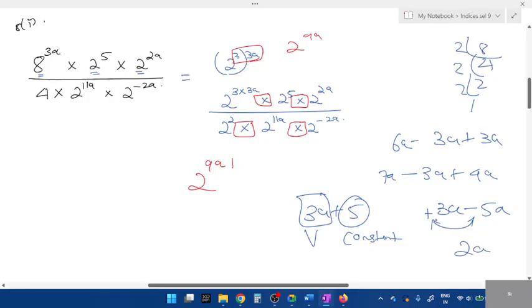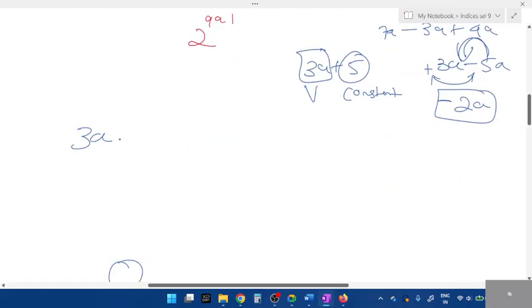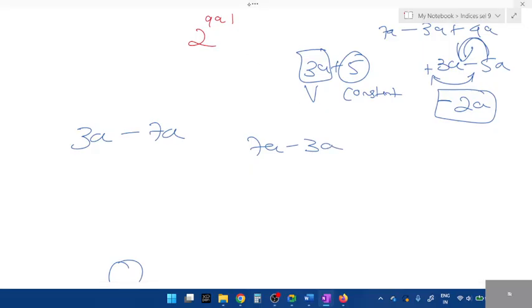Then which is greater here? 5 is greater or 3 is greater? 5. Before 5, what is the sign we have? So put minus here. Understood? Minus 2a. If I write 3a minus 7a, 7a minus 3a, look at the difference.